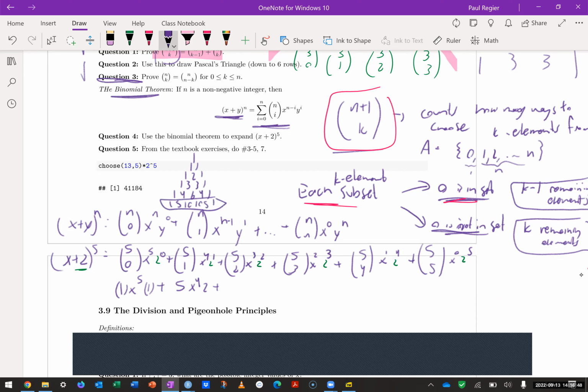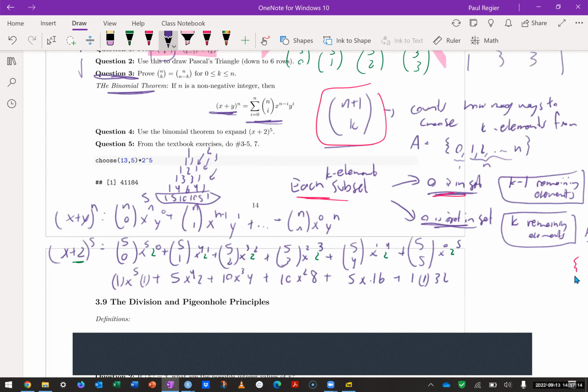So 5 choose 2 is 10 x cubed times 4. 5 choose 3 is 10 x squared times 8, plus 5 choose 4 is 5x times 16, plus 1 times 1 times 32.